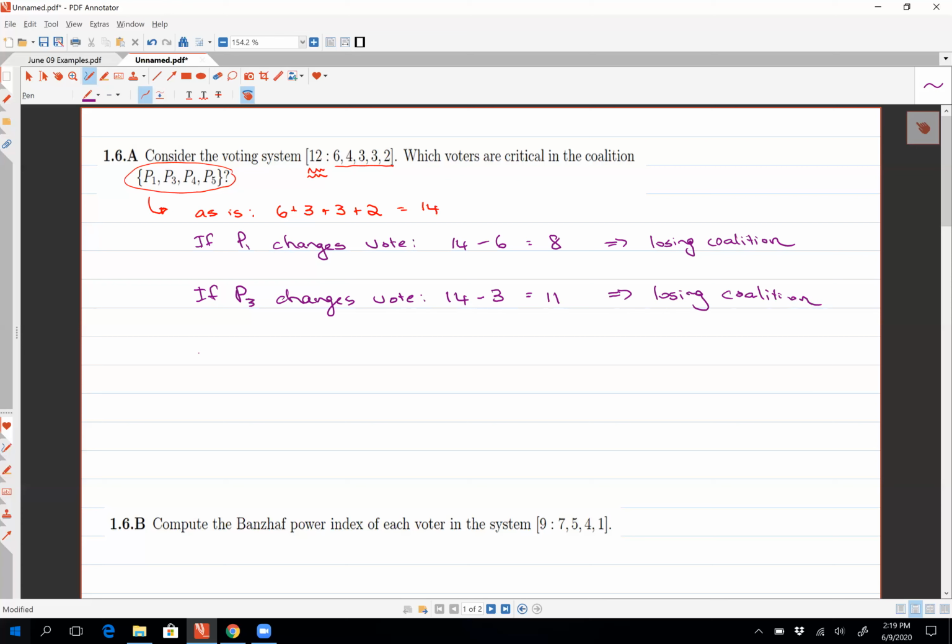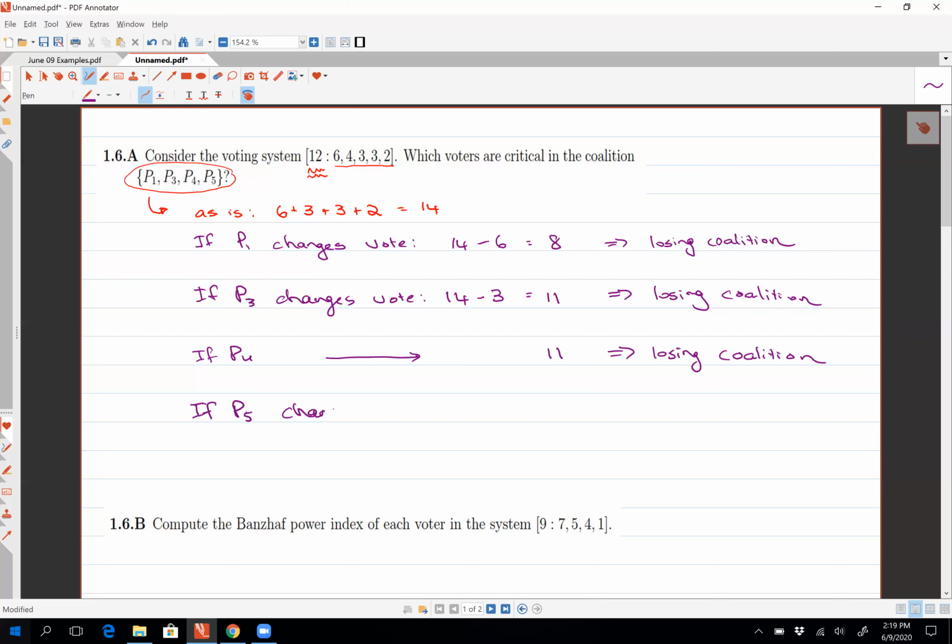And in fact, the exact same thing will be true for P4. It would also go down to 11 because voter 4 had exactly the same weight as voter 3. And so this is now a losing coalition. And finally, we have voter 5.